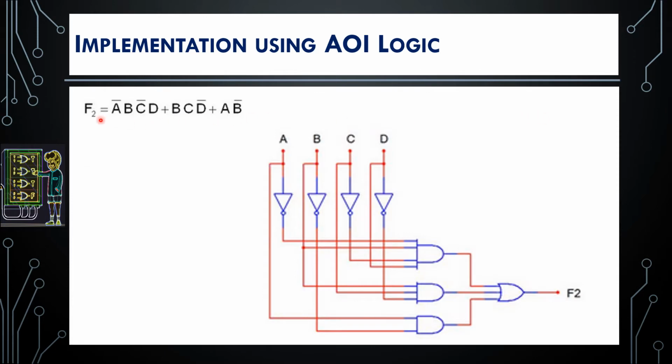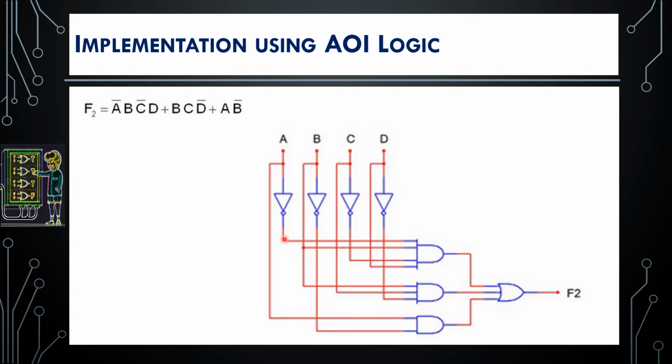Let's look at another example. In this Boolean expression, we have four literals in its domain, namely A, B, C, and D, and three minterms. To implement these three minterms, we need three AND gates. To the first AND gate, we need to give four inputs. What are the four inputs?